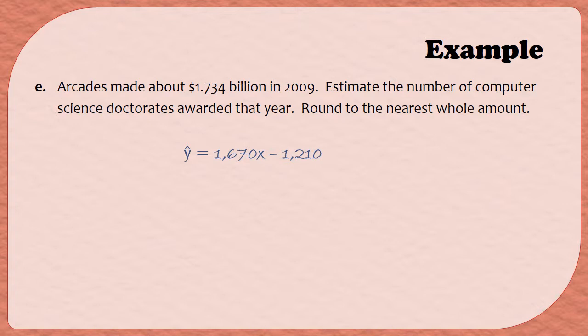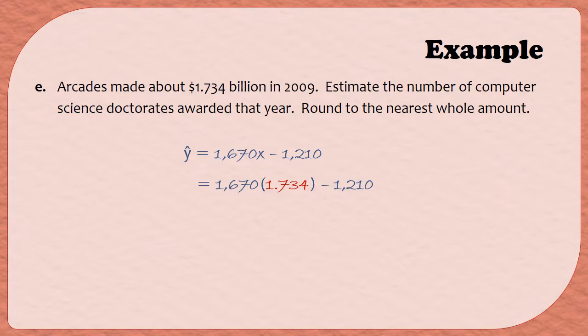Remember that X stood for billions of dollars and Y stood for numbers of doctorates. Because we are given a billions of dollars amount, we're told 1.734, that means we've been given a value for X. So I'm going to substitute 1.734 in for X.